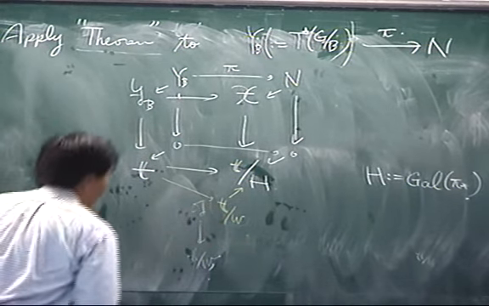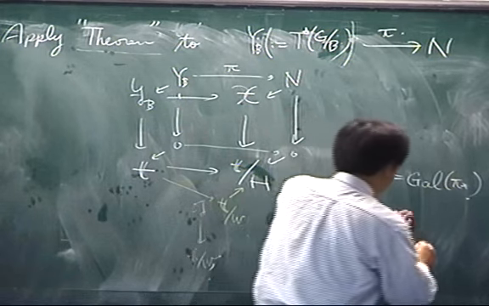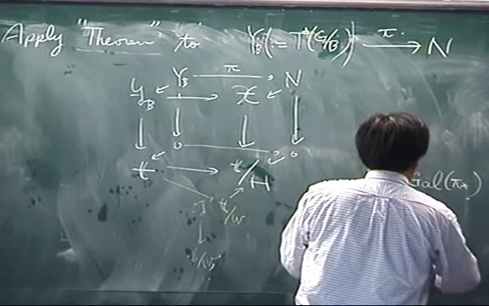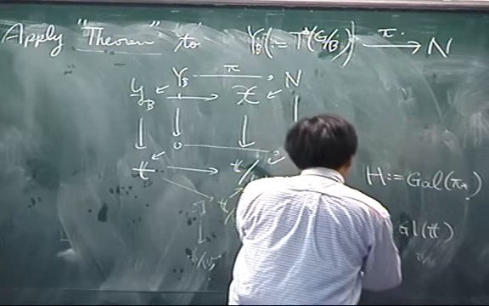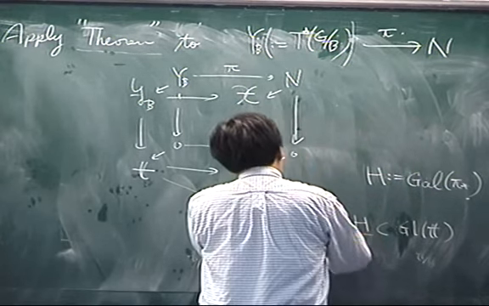So this means that H is contained in GL(T), and this is a Galois group, and H contains the original Weyl group.